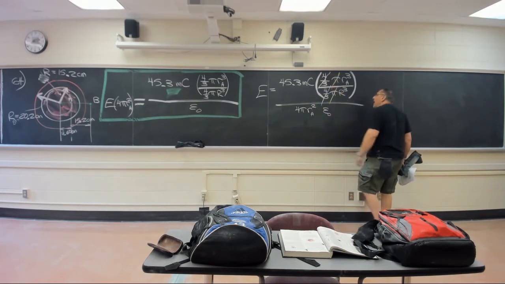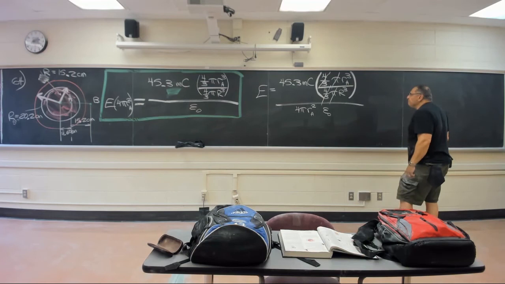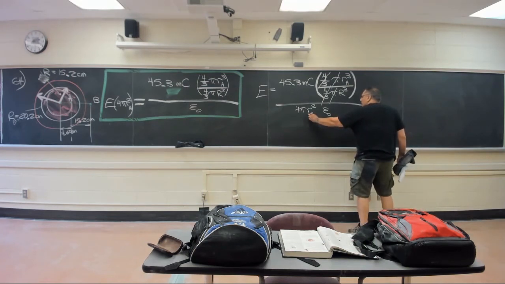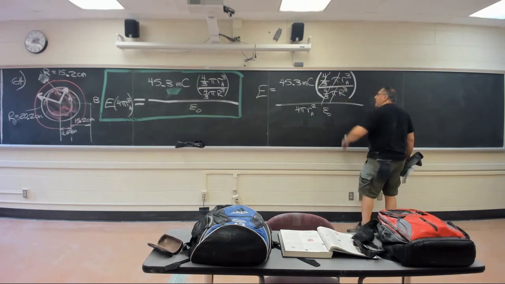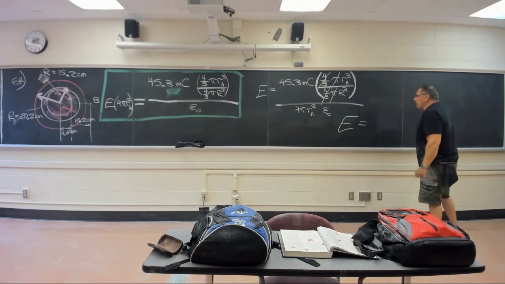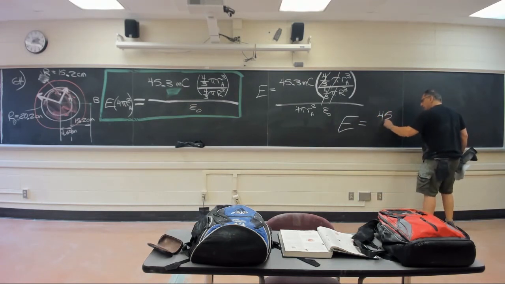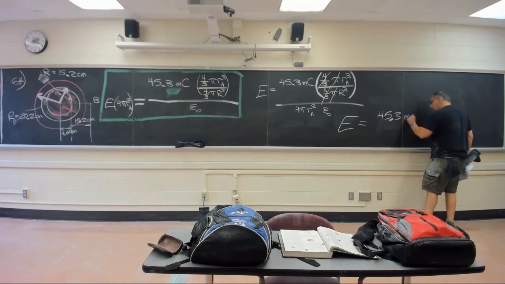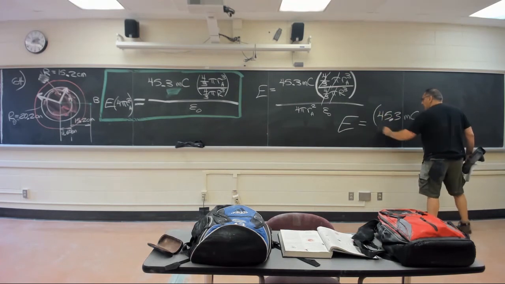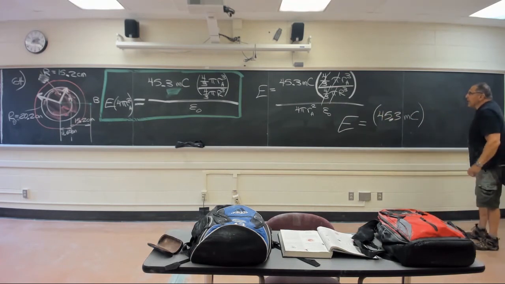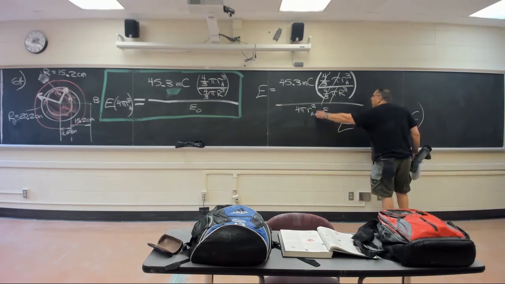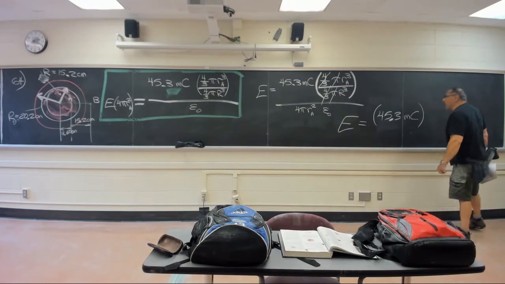4/3 pi R sub a squared, R sub a cubed. We've got the 45.3 microcoulombs times R sub a squared into R sub a cubed is just R sub a.